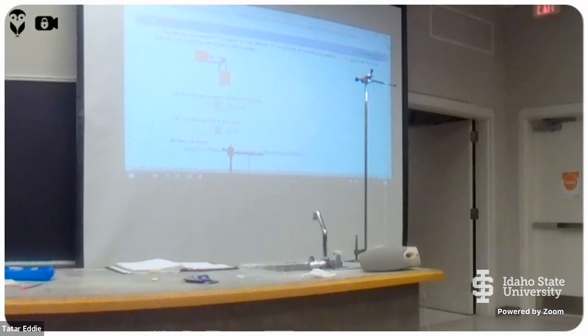Now we have to draw a free body diagram also for the second block. So for the second block, the weight is m2g, and it is given, it is W2. And the only other force that acts on the second block is a tension T2. Now, here comes the action-reaction situation.